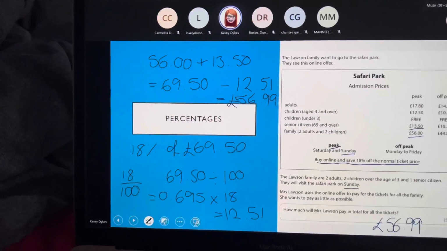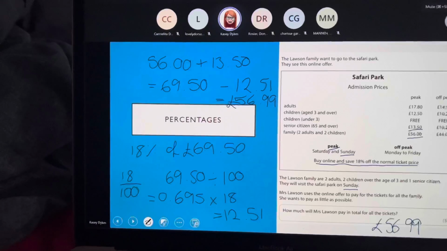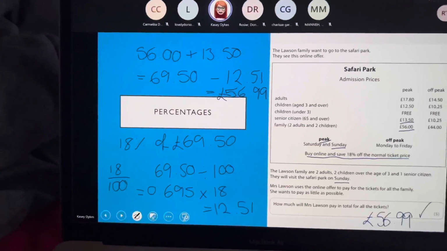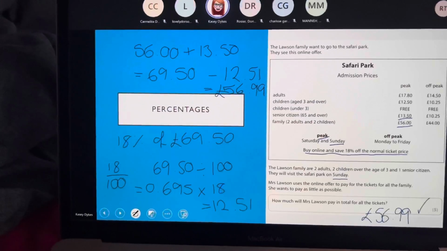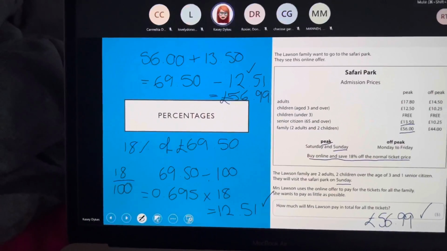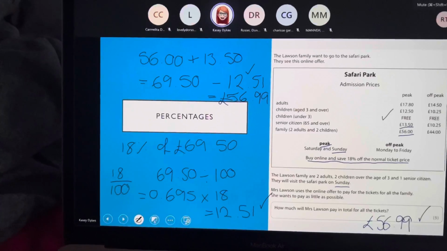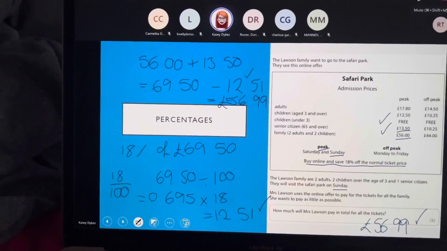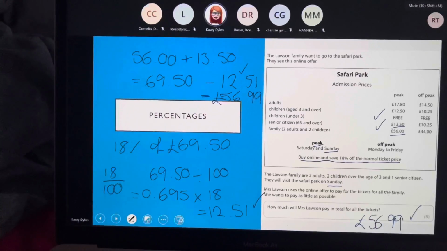So, in terms of your marks, you get 1 mark for your final answer. You get a mark for doing the 18% and a mark for taking it away. And then there are 2 marks up for grabs for finding the value of the original tickets.